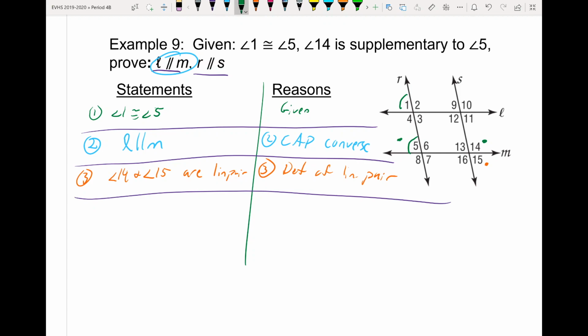Now, I also know that angle 14 is supplementary to angle 15. Anybody remember what tells me that? Linear pairs are supplementary? Supplement theorem?